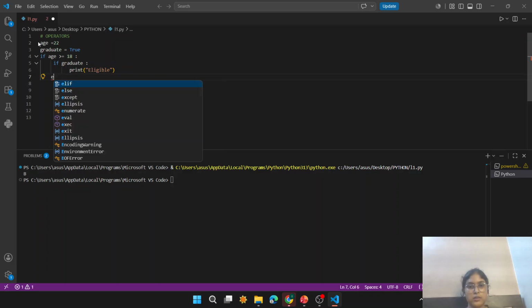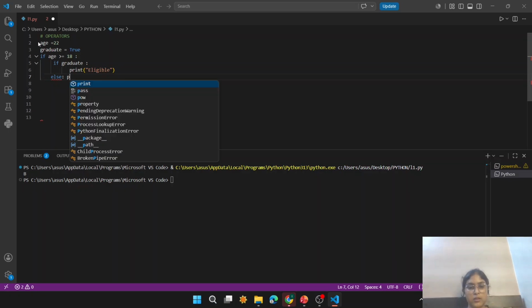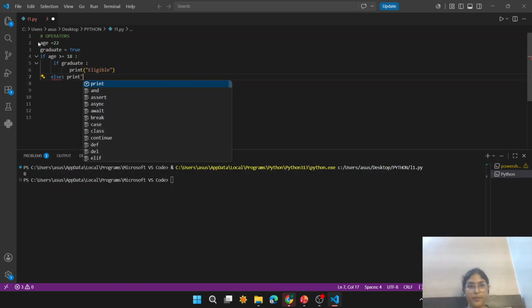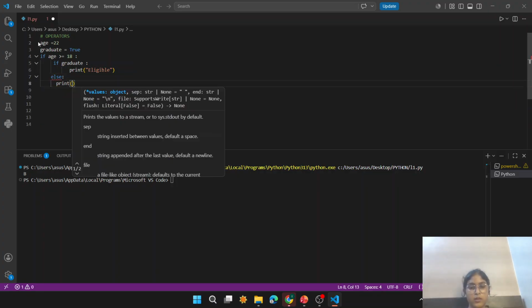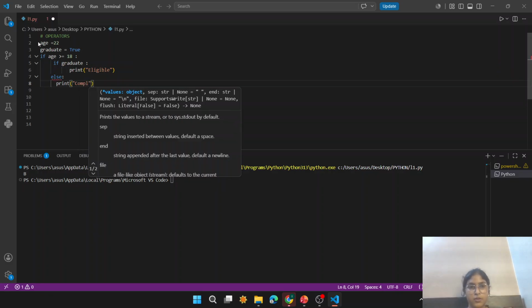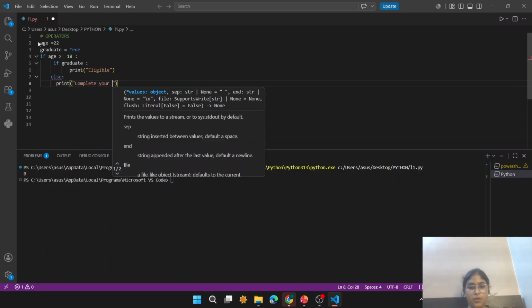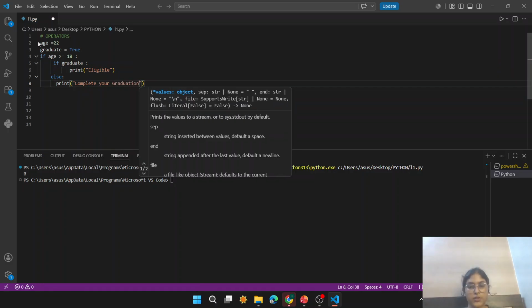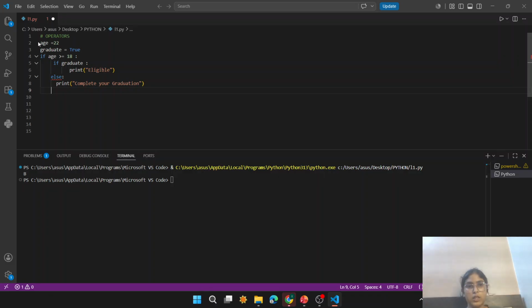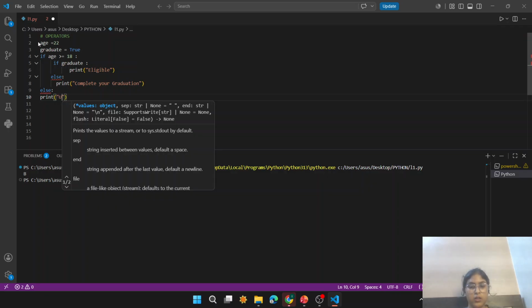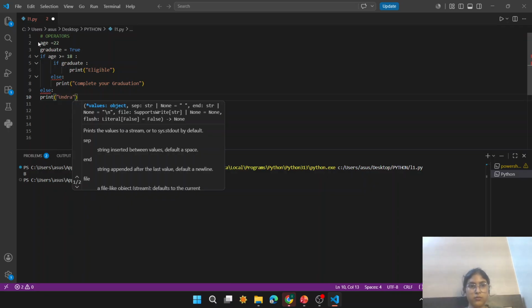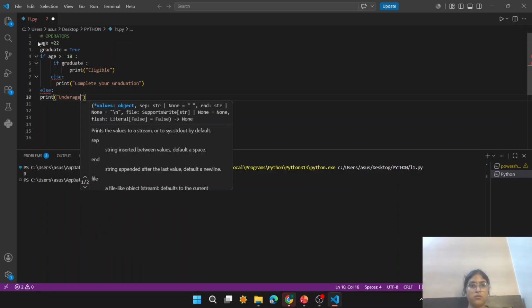Else: print complete your graduation. Else: print underage.